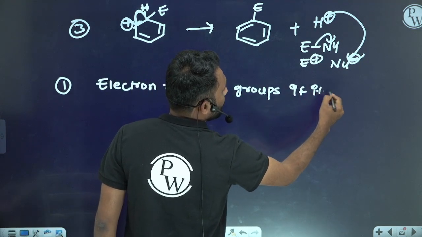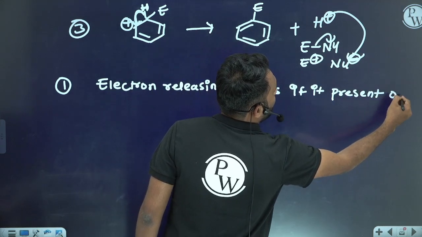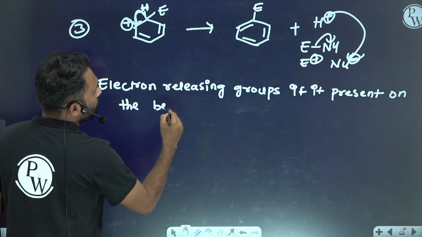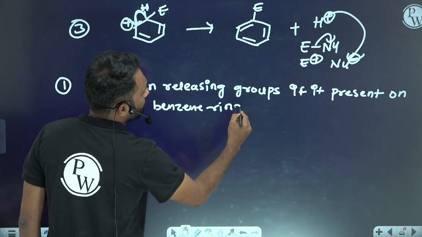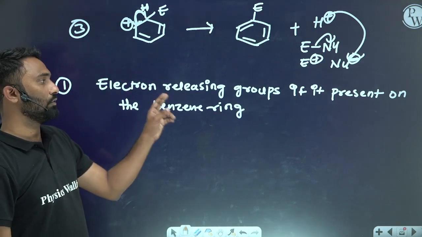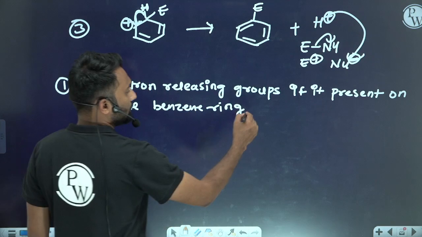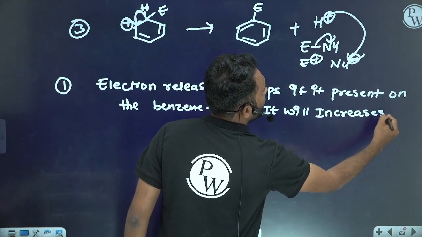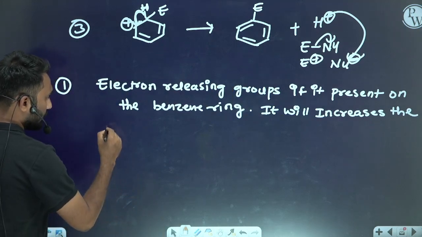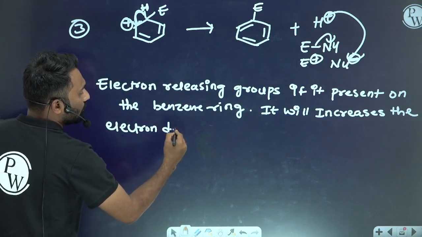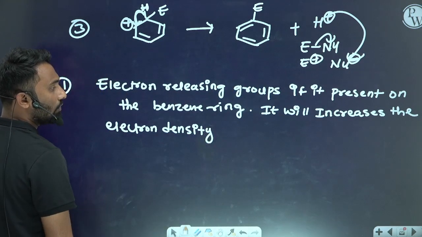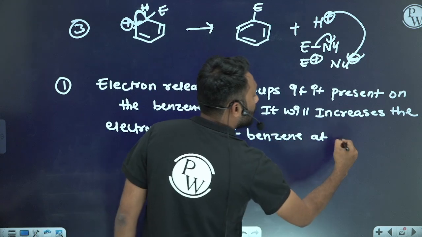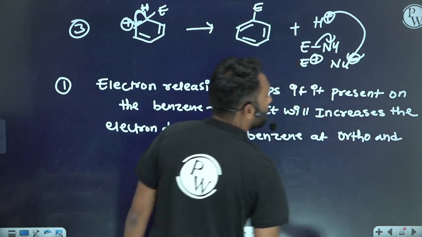If it is present on the benzene ring, if electron releasing groups are present on the benzene ring, it will increase the electron density of benzene at ortho and para positions.